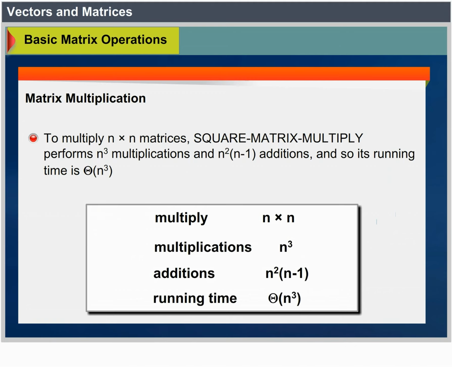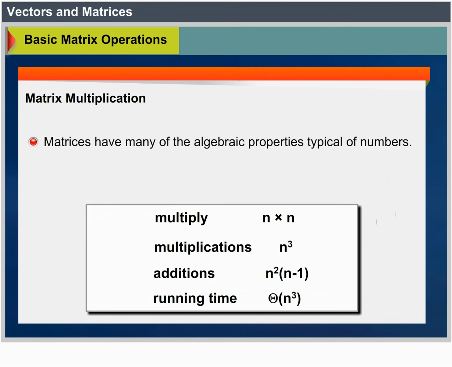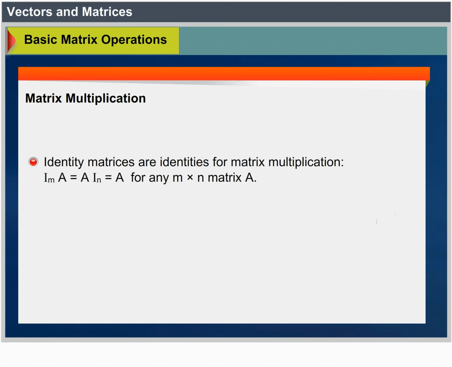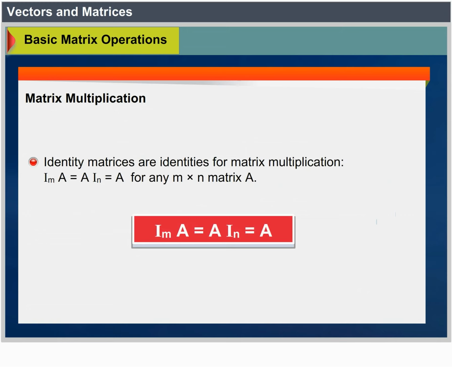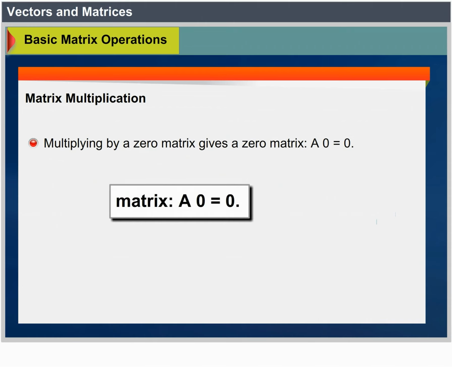Matrices have many of the algebraic properties typical of numbers. Identity matrices are identities for matrix multiplication: Im A equal to A In equal to A for any m by n matrix A. Multiplying by a zero matrix gives a zero matrix: A times 0 equal to 0.